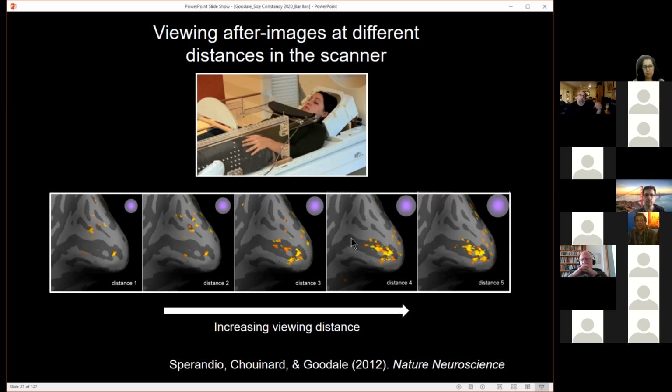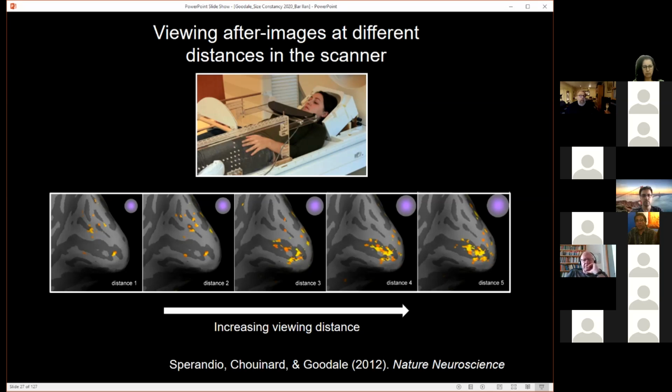And in fact, we had people in the magnet press a button when they were experiencing the after image, and release the button when the experience ended, when the after image went away, and we found a correlation with the bold signal that was essentially 1. It was 0.98. It's a nice relationship between a stimulus and the length of a bold signal in this event-related design.